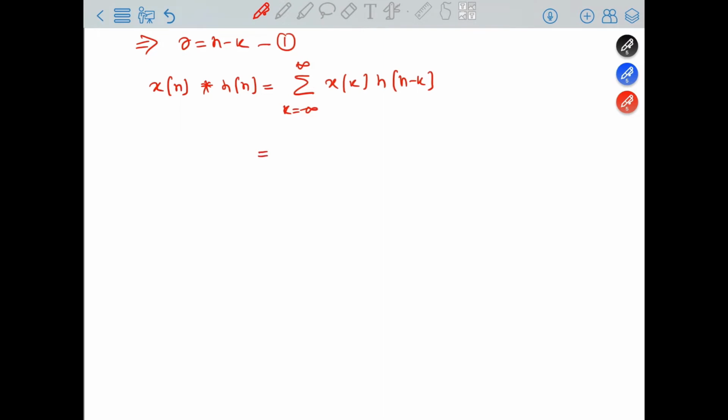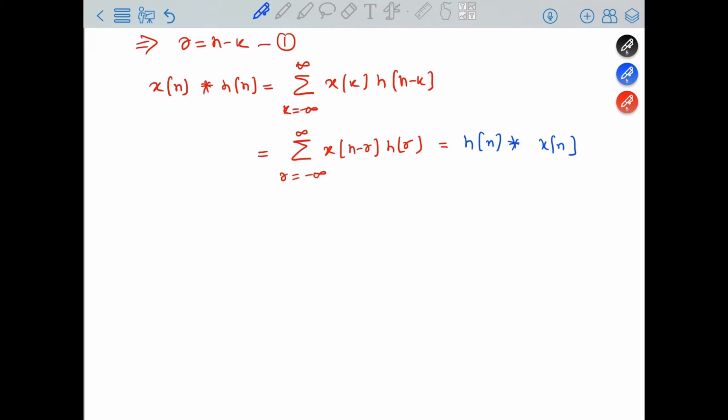This can be equivalently represented as r varying from minus infinity to infinity x[n minus r] h[r], and if you closely see, it represents h[n] convolve with x[n].